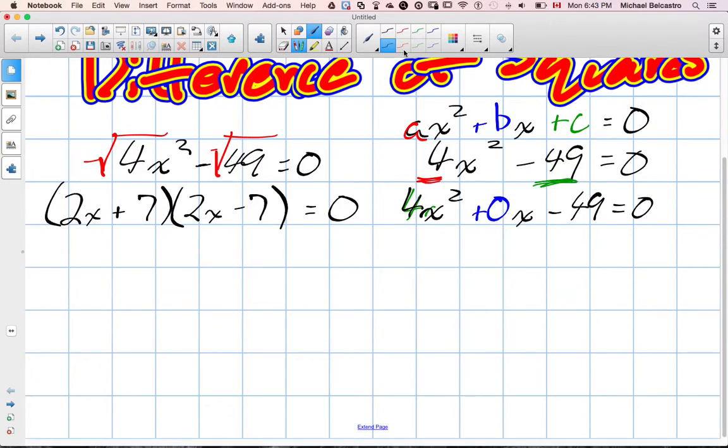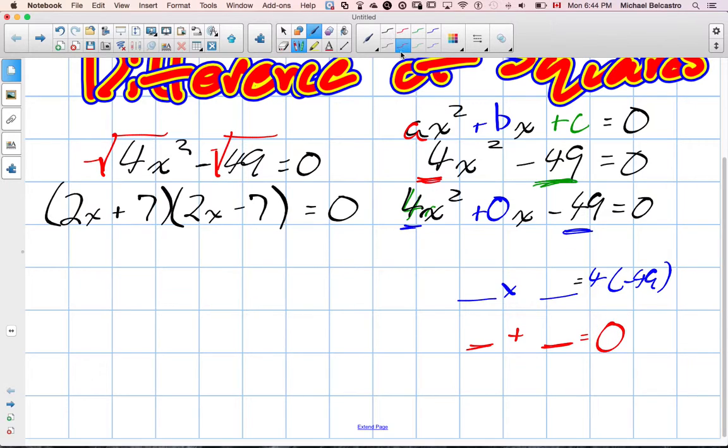So now if we're using that product and sum, for our products, we're looking for two numbers that multiply to 4 times negative 49. So I'm going to figure out what that is. Two numbers that multiply to that, and those same two numbers are going to add to our 0.